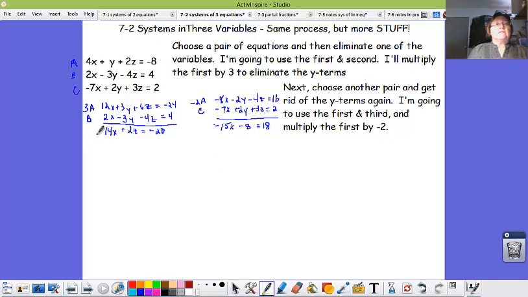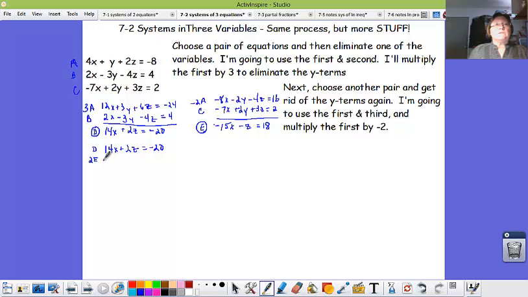At this stage now I have these 2 equations that I'm working with, and I'll go ahead and label them D and E as well, just to keep consistent. But I can see that if I multiply E by 2, I'll be able to combine. So I'm going to do D plus 2E, and the D equation is 14x plus 2z equals negative 20.